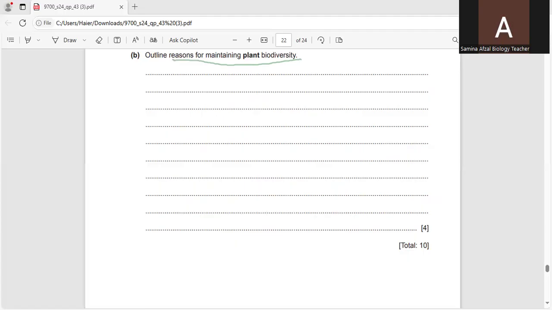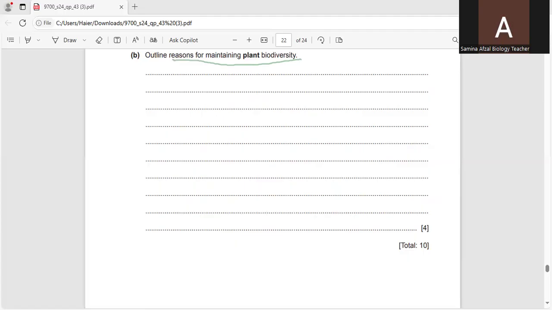Diverse plant communities enhance the beauty of landscapes and provide recreational opportunities. Biodiversity conservation is our responsibility, to protect biodiversity for future generations. So by maintaining plant diversity, we ensure a healthier planet, a more sustainable future, and a richer cultural heritage for generations to come. So we have many reasons to maintain plant biodiversity.